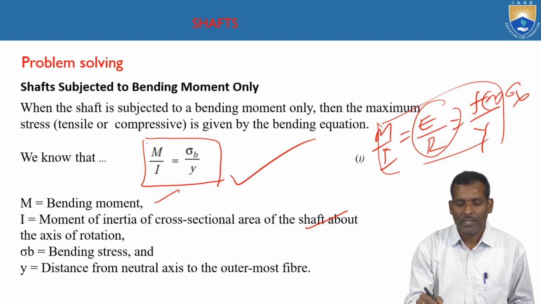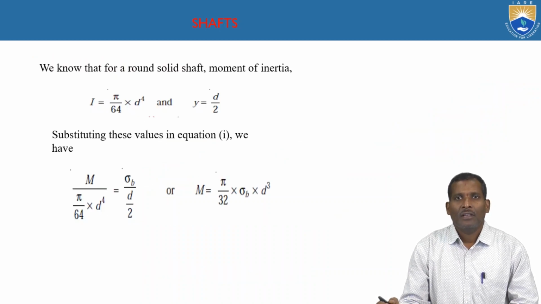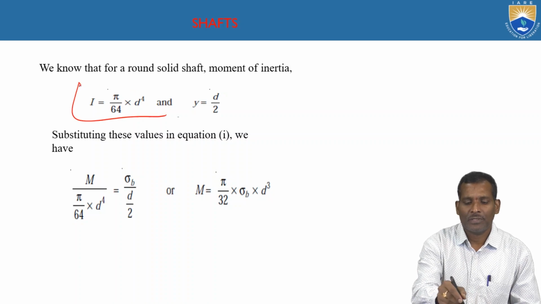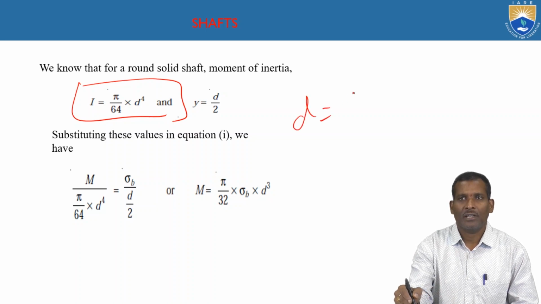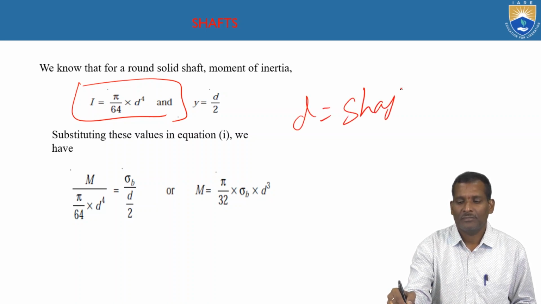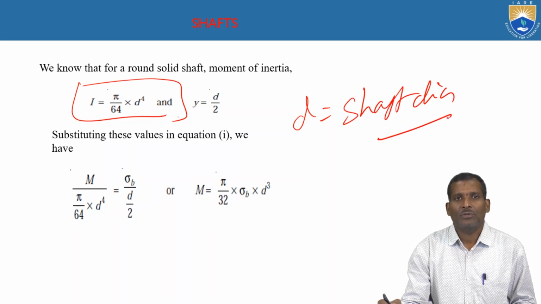Next sigma b, and y is the distance from the neutral axis to the outermost fiber. We know that for a round solid shaft, the moment of inertia is pi by 64 into d to the power of 4, where d is the shaft diameter, and y is equal to d by 2.